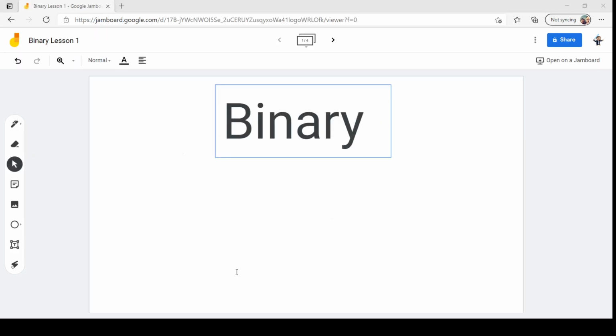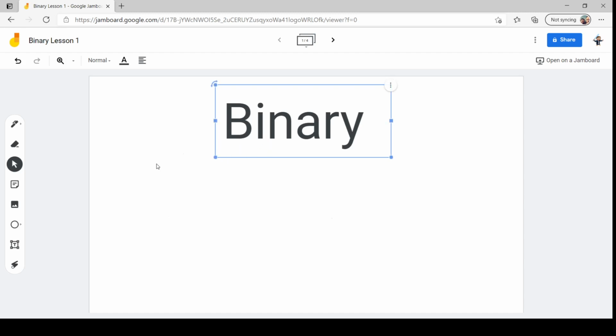Right, so like I said, we're going to be looking at binary, and if you didn't know what that was, there it is in front of you now in big writing. You will have heard the phrase binary before, maybe not in a computing context, but basically it's a number system made out of two numbers. That is where the bi in binary comes from.